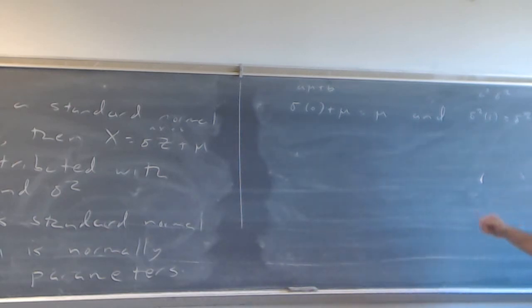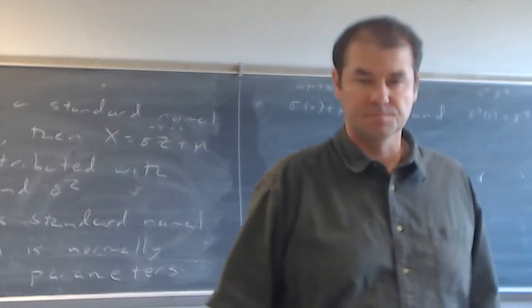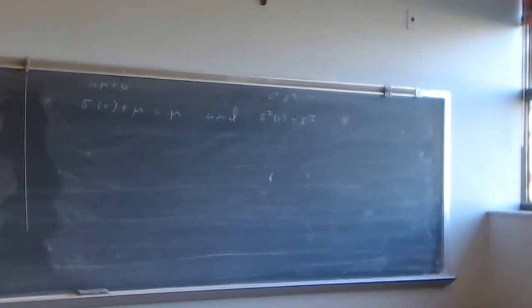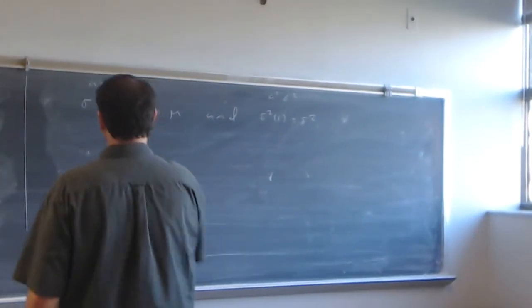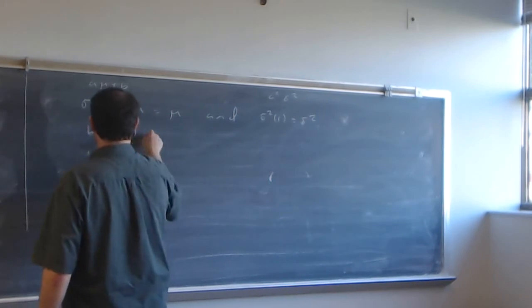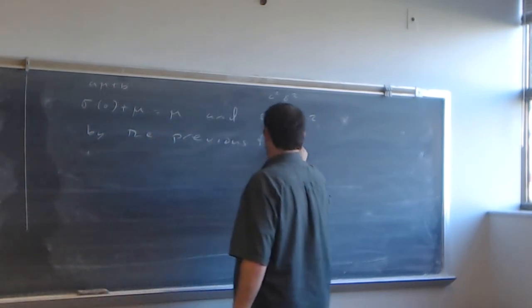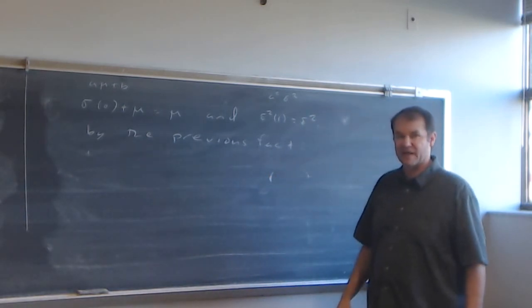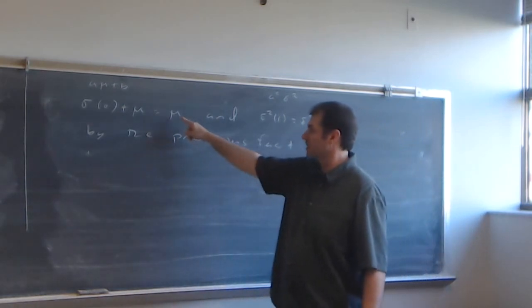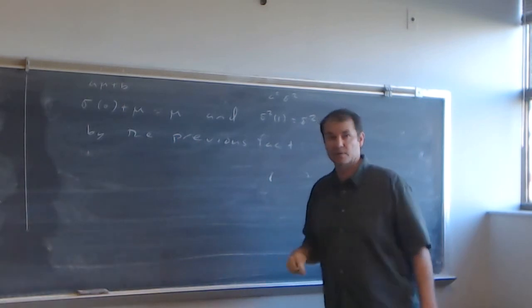So that's what we have by the previous fact. So X, by the previous fact, is normally distributed with parameters mu and sigma squared.